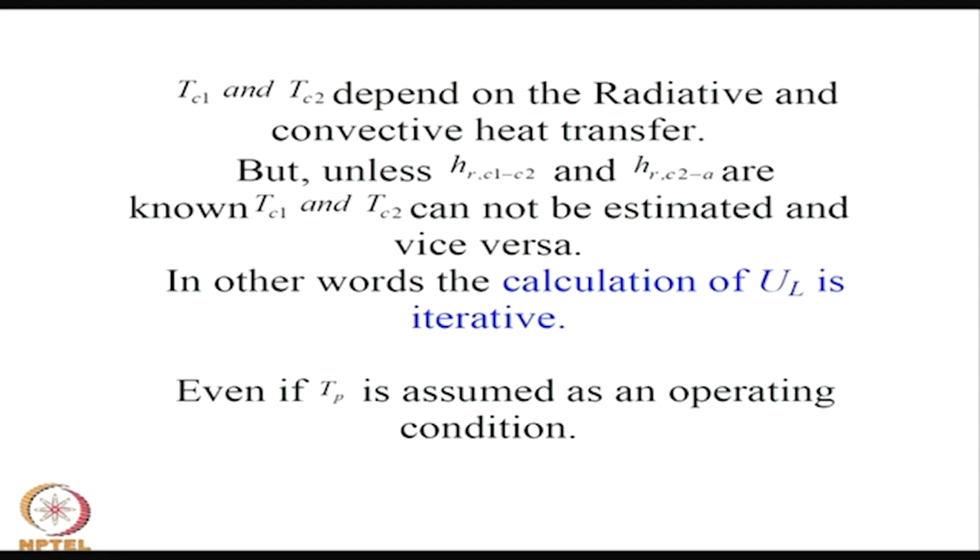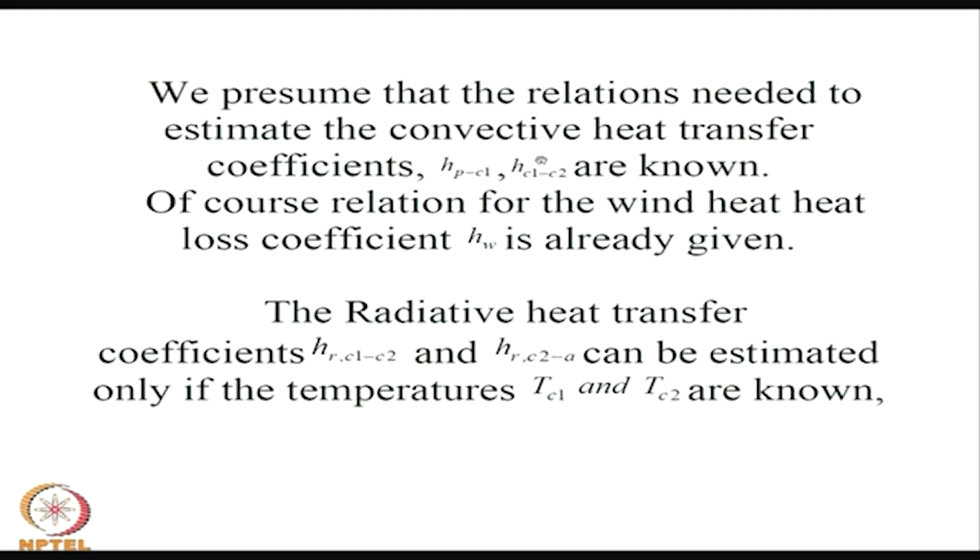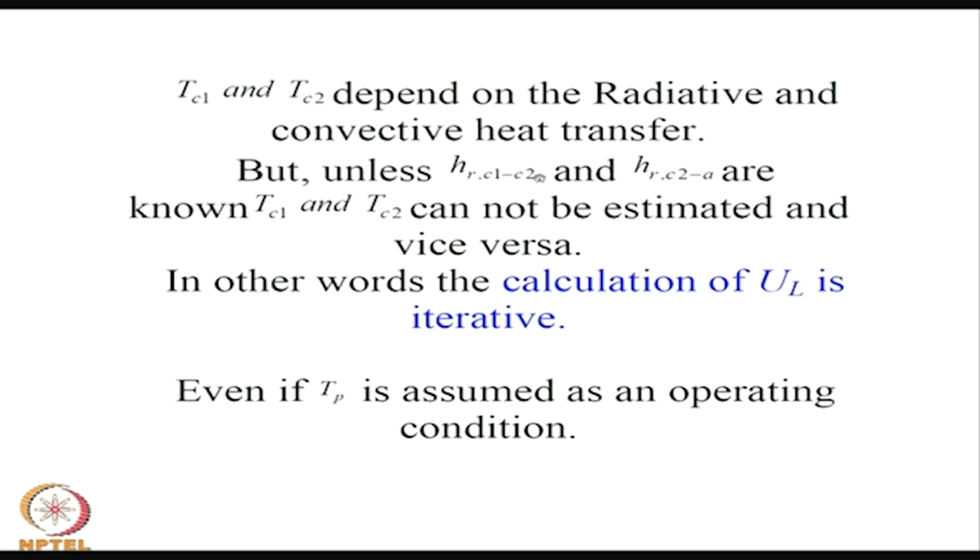So, T_p is assumed to be known for a given application, or alternately we are trying to estimate the overall loss coefficient for a number of values of T_p, and we will pick up the appropriate overall loss coefficient depending upon the actual operating condition. So, even if T_p is assumed as an operating condition, T_c1 and T_c2 are essential to calculate U_L through various resistances.